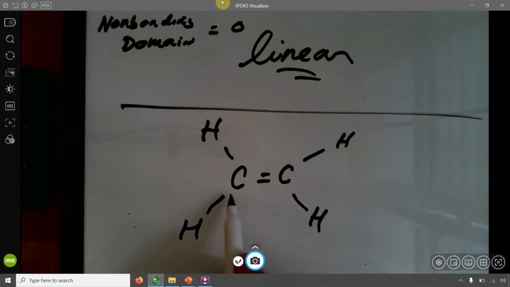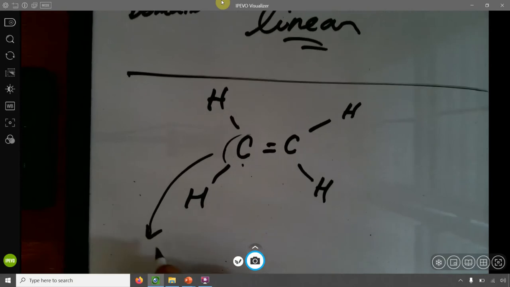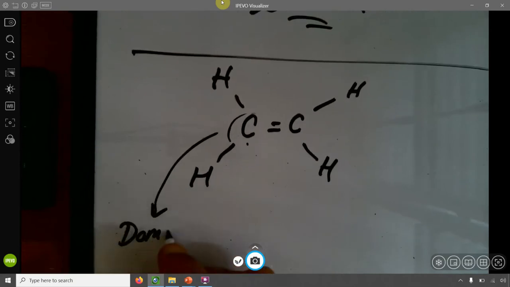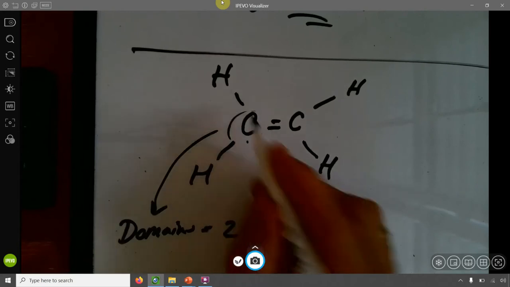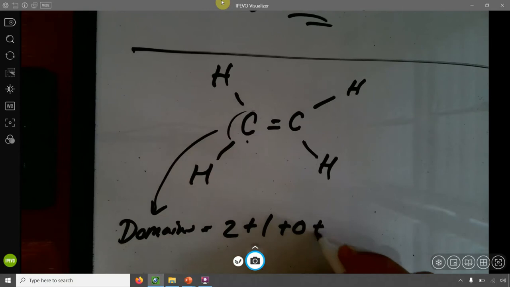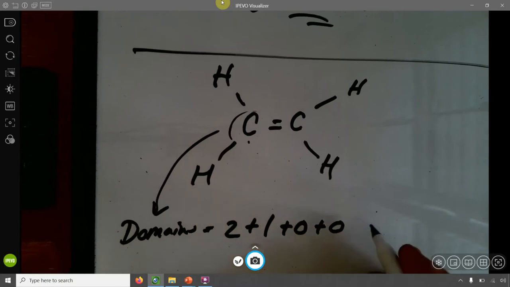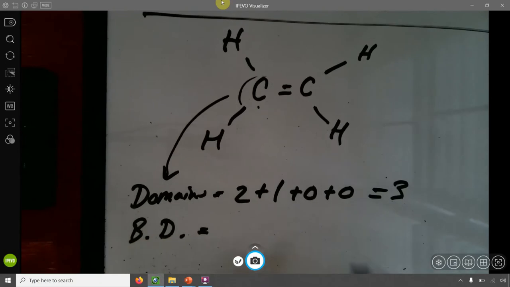Now what's up? Either one of these is a central atom, whatever you want. This C or this C. So I'll look at this C, for example. Domains: number of single bonds, 2. Number of double bonds, 1. Number of triple bonds, 0. Number of lone pairs, 0. So I have 3. And bonding domains: number of single bonds, 2.